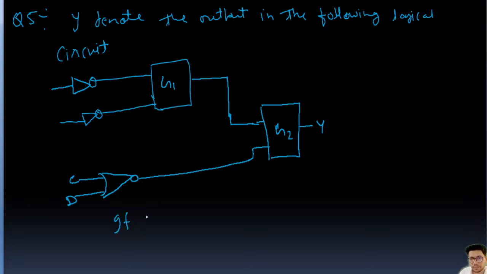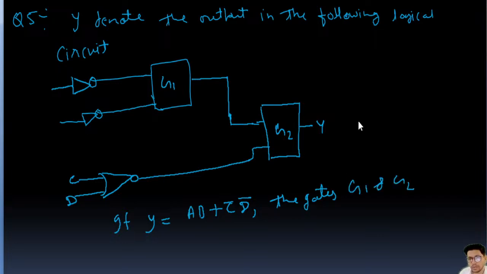If Y, the output, is AB plus C bar D bar, the gates G1 and G2 must respectively be, okay.